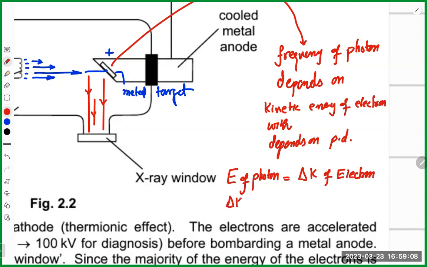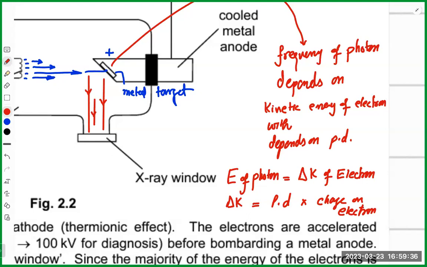Change of kinetic energy equals potential difference multiplied by charge on electron. So there is a sequence. Number one, energy of photon is energy change of electron. I hope that makes sense.